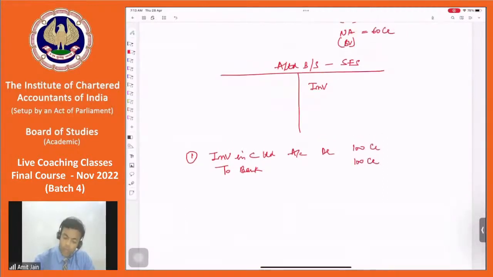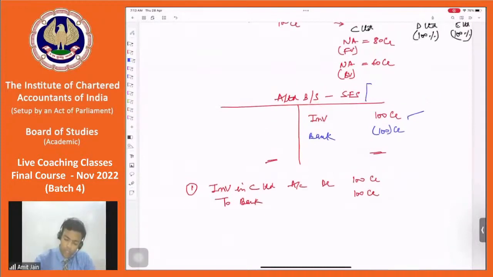So A Limited will recognize 100 crores in its books of accounts. Similarly, bank will get credited. This will be the relevant standalone accounting extract.